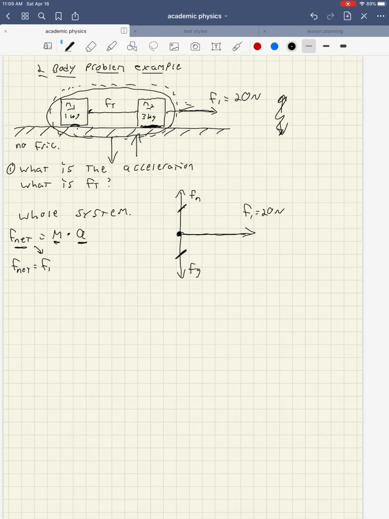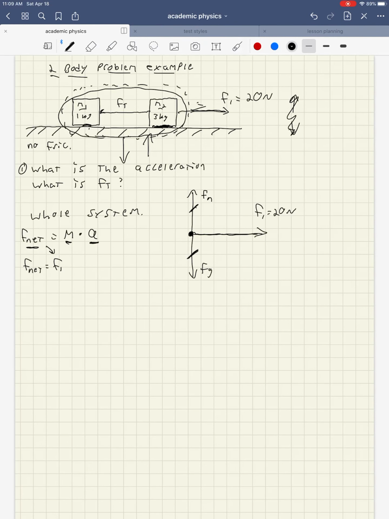So we know what the total mass of the system is as well. So let's use Newton's second law to find our acceleration real quick. I just got to rearrange this a little bit, and I'm going to get my acceleration is my net force over my total mass. In this case, my net force is just F1. My total mass is M1 plus M2.